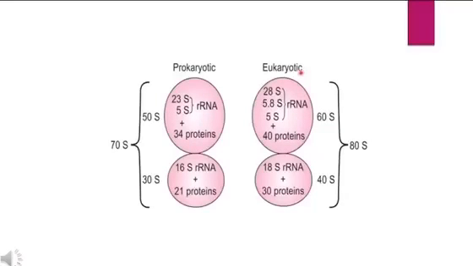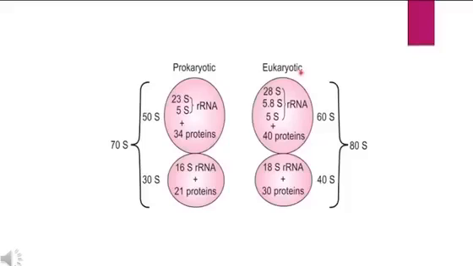So this is the structure of ribosomes. Eukaryotic cells and prokaryotic cells are both composed of 2 subunits, where one is large and the other is small. In the eukaryotic cell, the large subunit is around 60 Svedberg units. This unit is a non-SI metric unit for sedimentation coefficients, and the small subunit is around 40 Svedberg units.